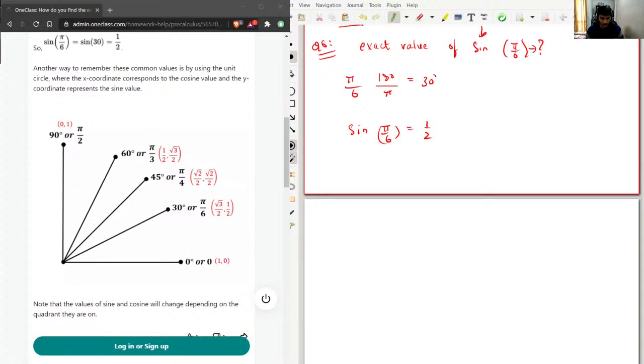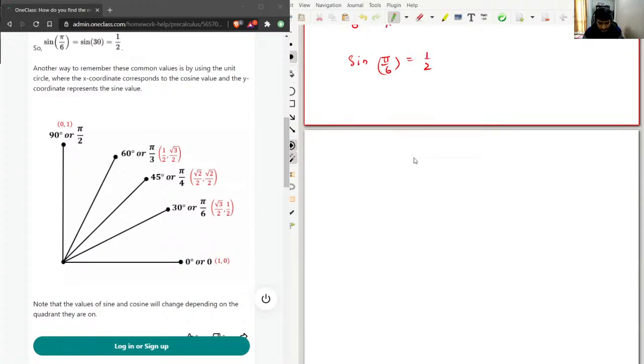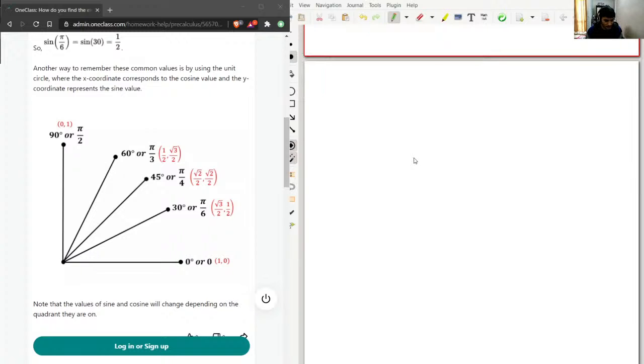And another approach is to use the unit circle. So I'll just use the coordinates of the unit circle. For 30, we have the coordinates x is root 3 by 2 and y is 1 over 2.